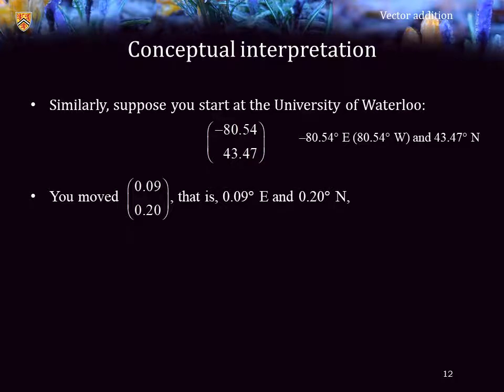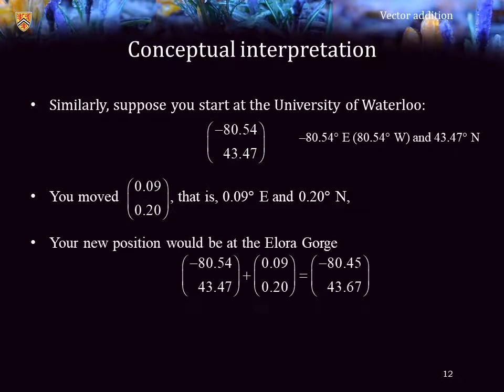If we were now to move 0.9 degrees east and 0.2 degrees north, then our new position would be at the Elora Gorge, which would be the sum of these two vectors. The first is a location, the second vector is a change in the location, and the result is a new location. But again, it's just the sum of two vectors.